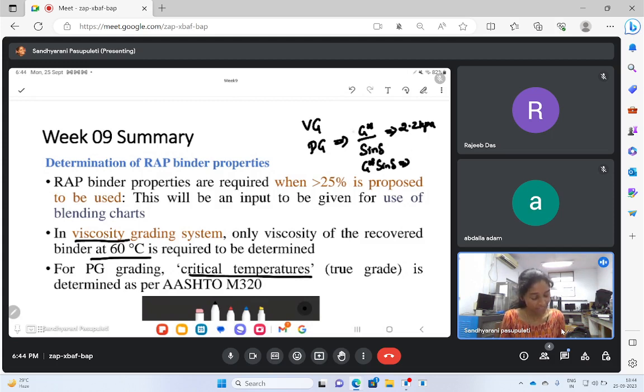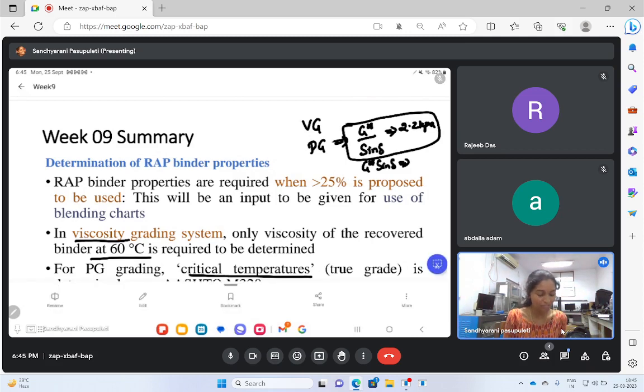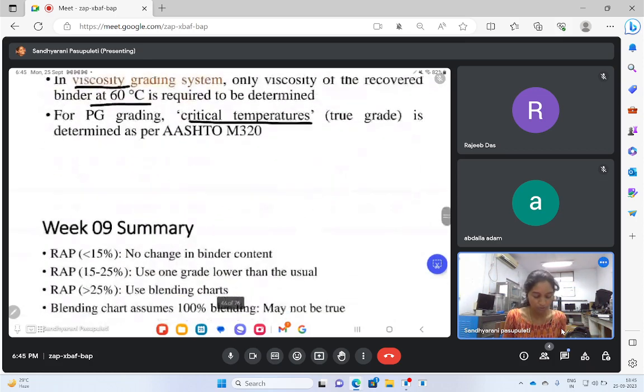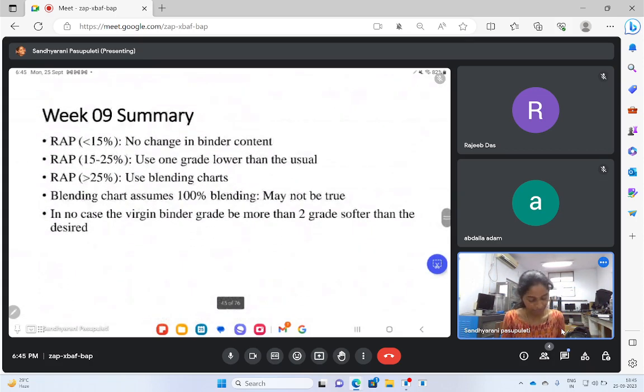So these are the specifications that need to be met. At what temperature the RAP binder can take this minimum criteria, that temperature is what is actually called critical temperature. So these are the two separate properties required based upon the kind of grading system we are going to use to perform the RAP mix design.